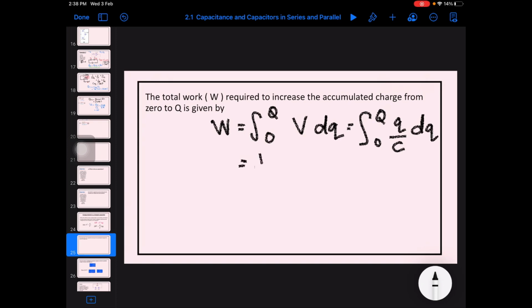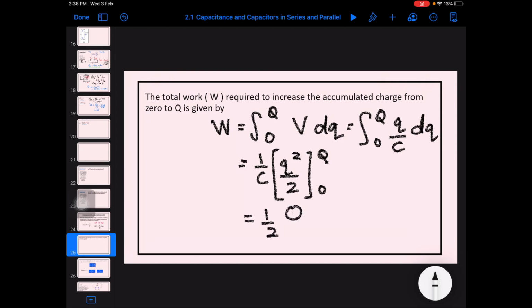So it will be equals to, we take out 1 over C. Integrate Q, we get Q squared over 2, from 0 to Q. By substitute this Q with Q charge, it will be equals to 1 over 2 Q squared over C. So the work done in charging the capacitors, okay, is equivalent to half Q squared over C.